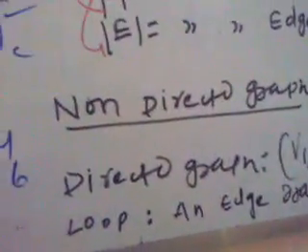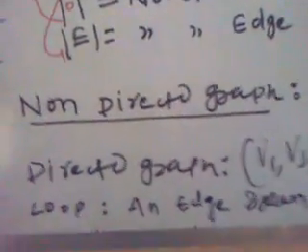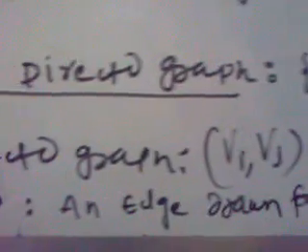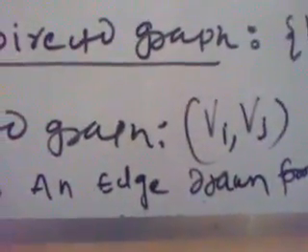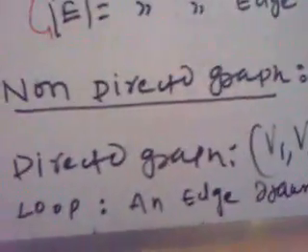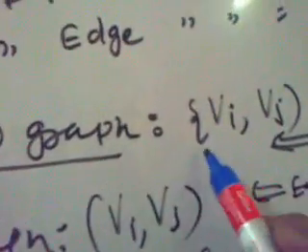So firstly, let's see what a non-directed graph is. If a graph is given, how can we check whether it is directed or undirected?